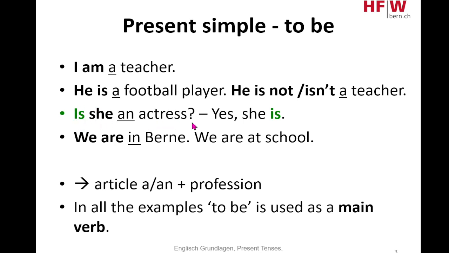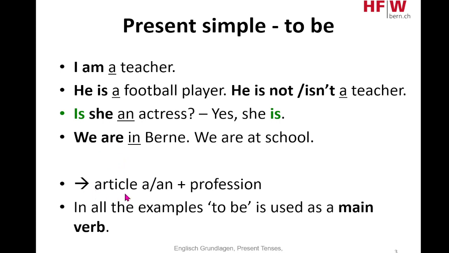So, is she an actress? Then we ask for information from someone, and you reply, yes, she is. One more: we are in Burns, we are at school. That is how we use we are.